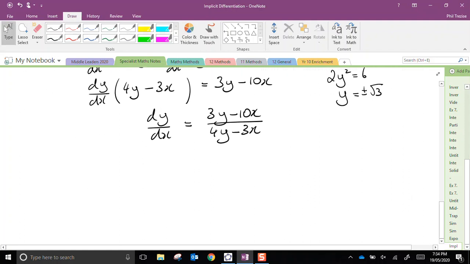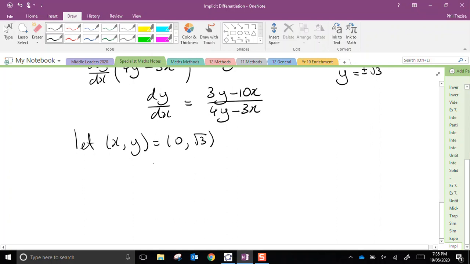So I'm interested in the point where x equals 0 and y is positive root 3. The derivative then, dy dx, 3 times y, that's 3 root 3, minus 10 times 0 is nothing. 4 times y, that's 4 root 3.